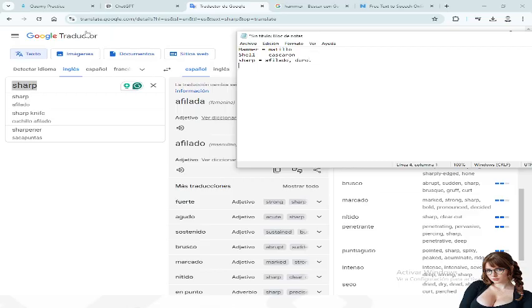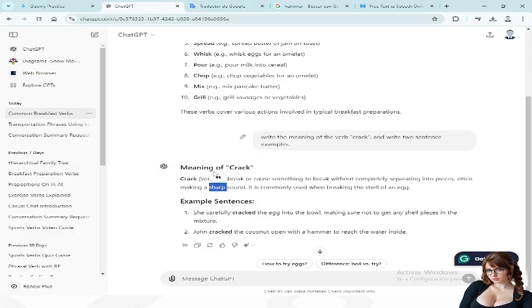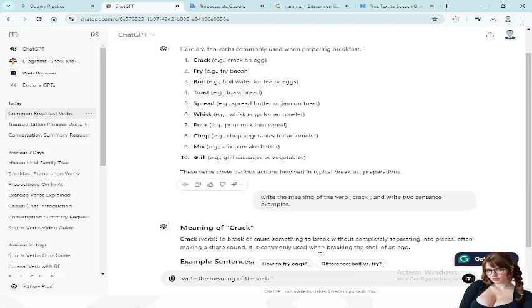Okay. Right now it's time to ask ChatGPT for the meaning of, or we can give the instruction to write the meaning of the verb. What is the second verb of our list? Fry.